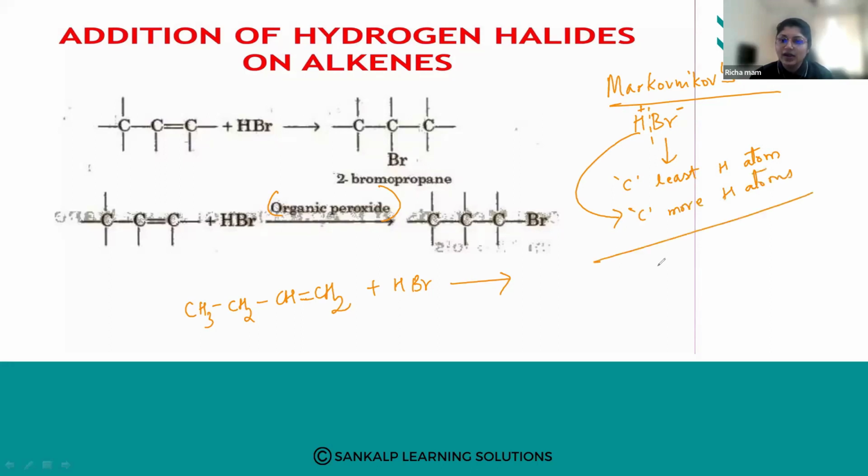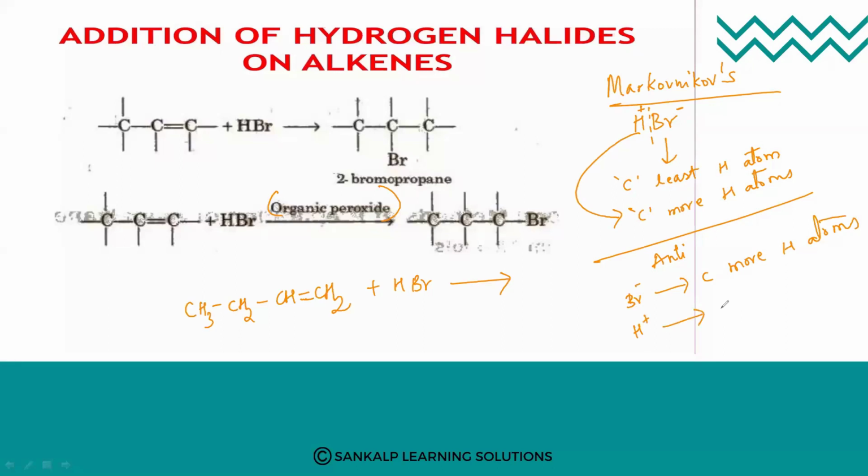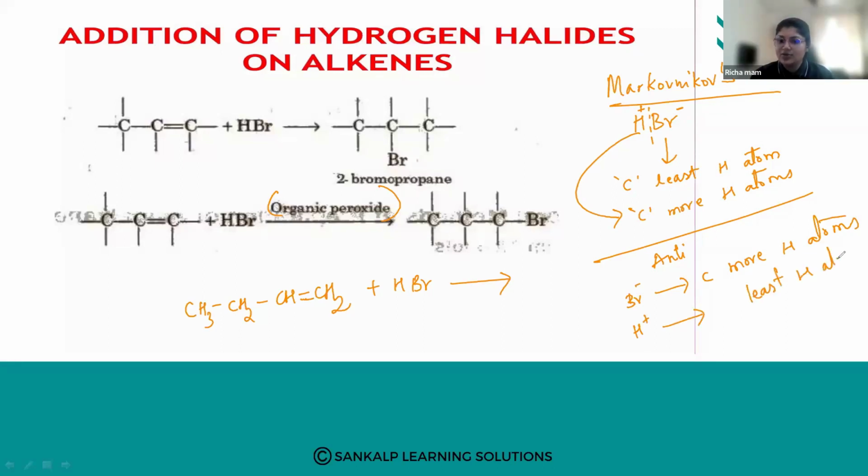Anti-Markovnikov means it will be reverse: the negative part will be added to the carbon with more hydrogen atoms, and the positive part to the carbon with the least number of hydrogen atoms.